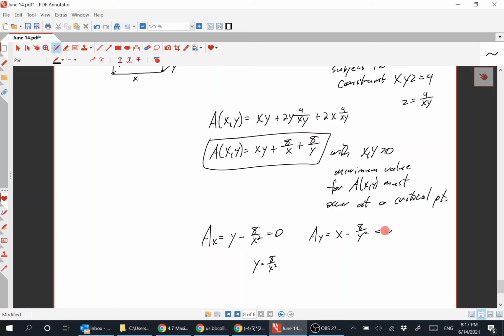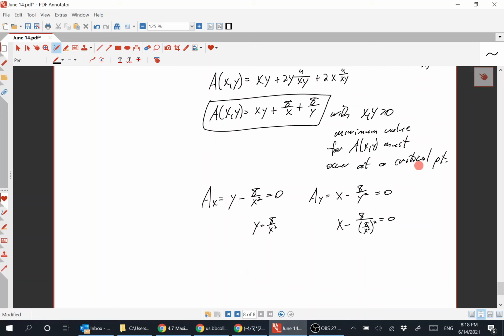So setting that equal to 0 and plugging in this, we have x minus 8 over (8 over x squared) squared, that is, x minus x to the 4th over 8 is 0. Multiply both sides by 8, I guess.